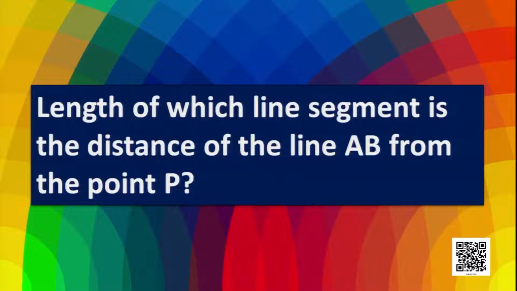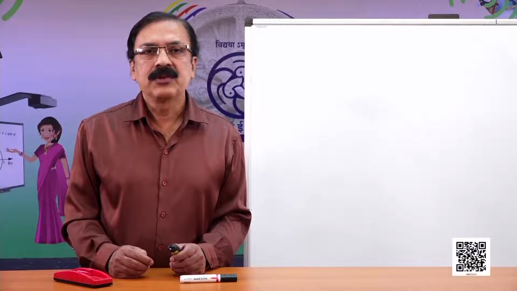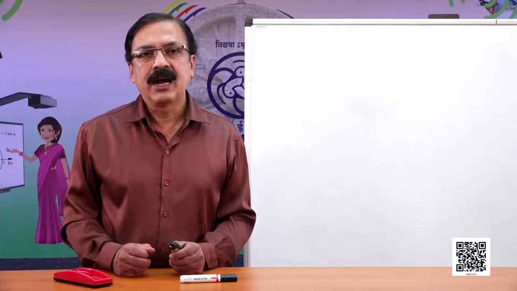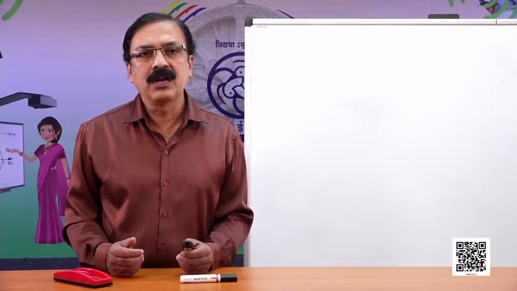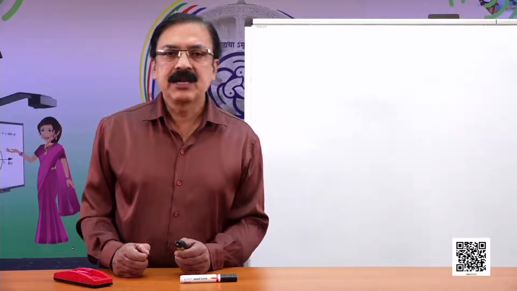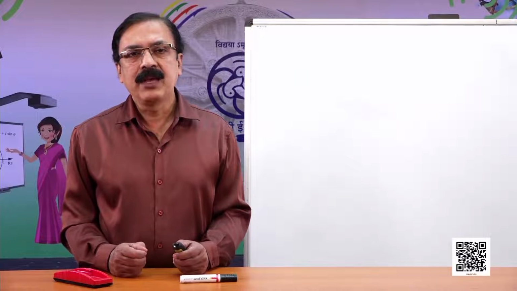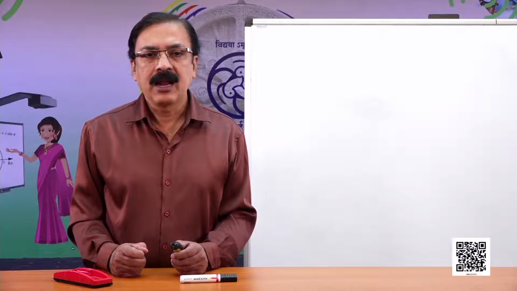The length of which line segment is the distance of the line AB from the point O? So we have so many distances. Out of these line segments, which will be considered as the distance of the line AB from the point O? Let's see here.